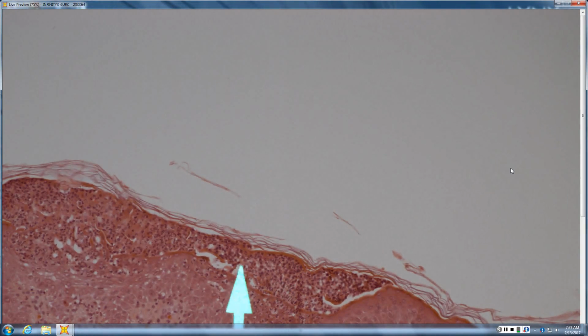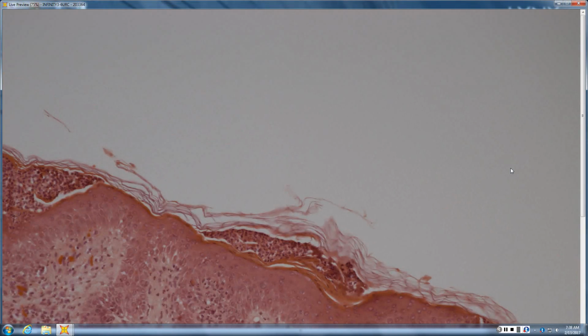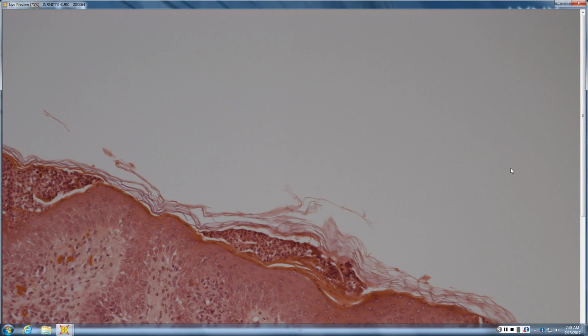It looks like there's a pustule there in the epidermis. So, what would your differential be? Like psoriasis, candida, impetigo. So, candida, psoriasis, tinea, impetigo, sebderm, syphilis.